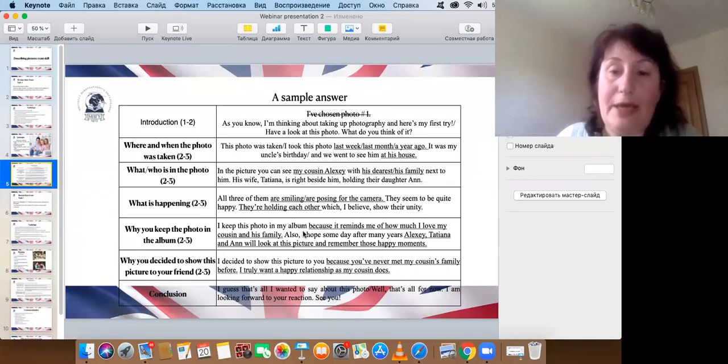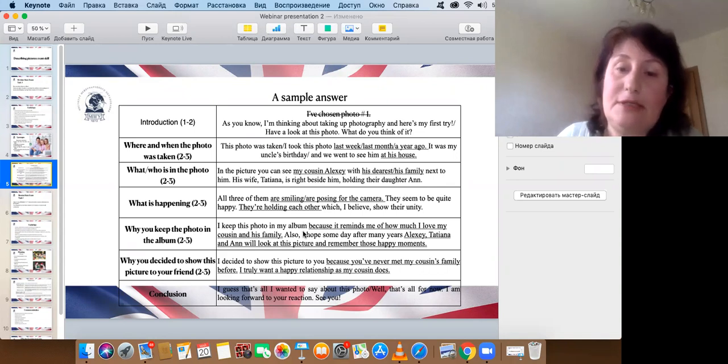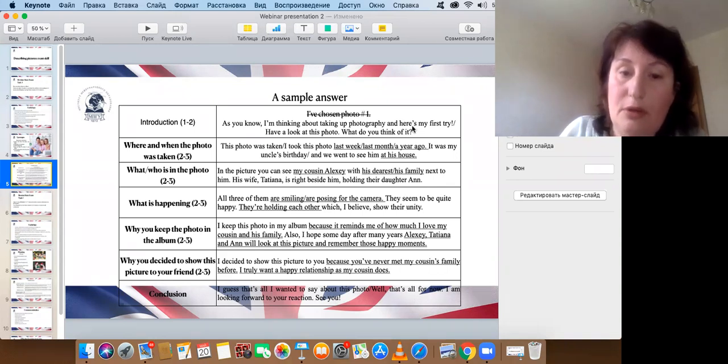And if we calculate the number of sentences in my speech, for example, I will take 2 in the introduction, 2 in where and when the photo was taken.